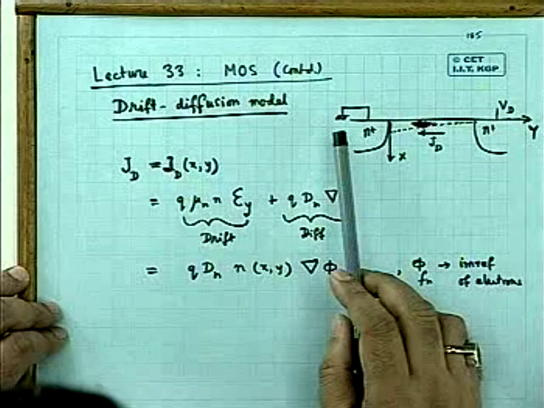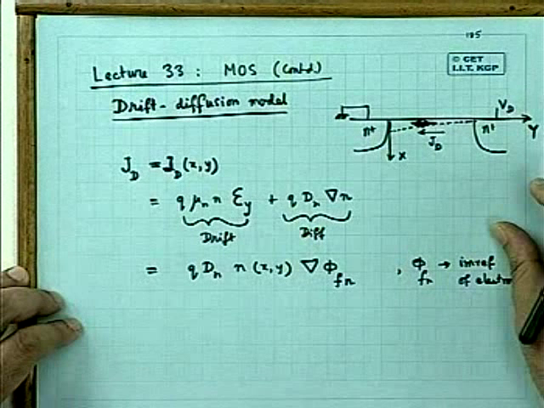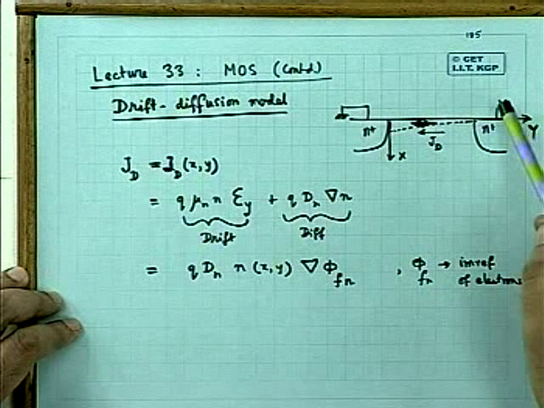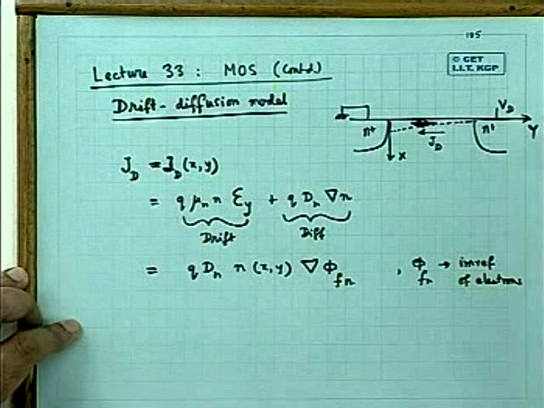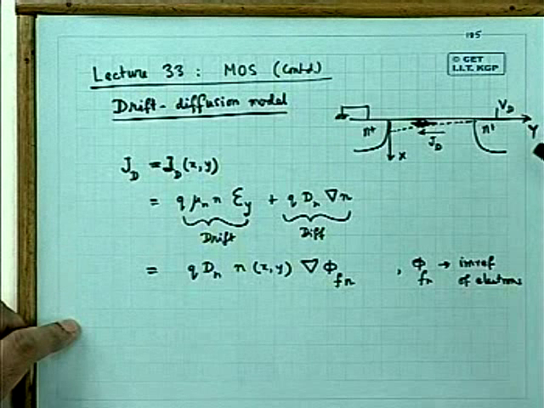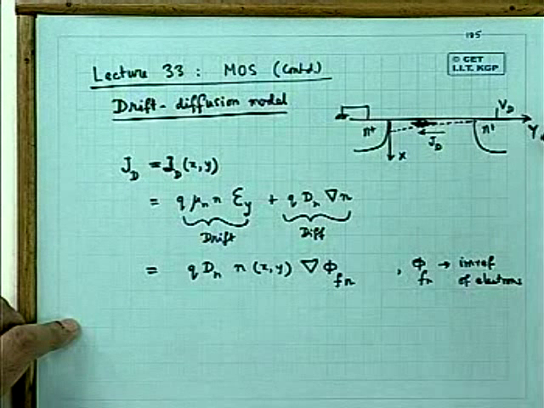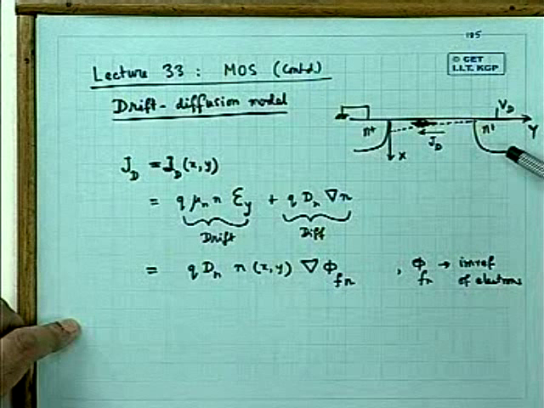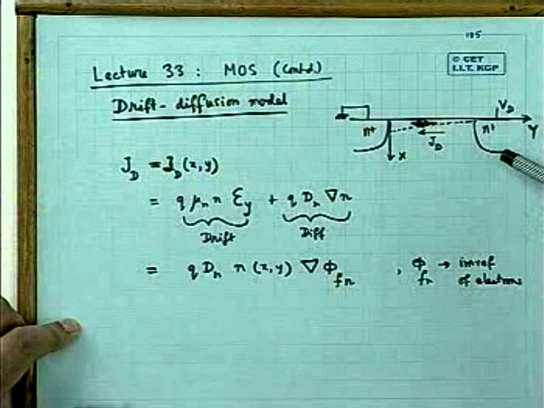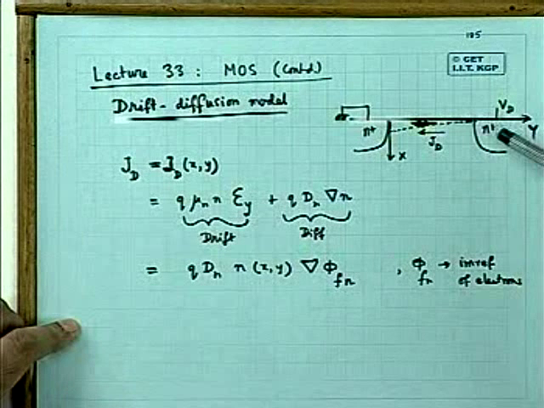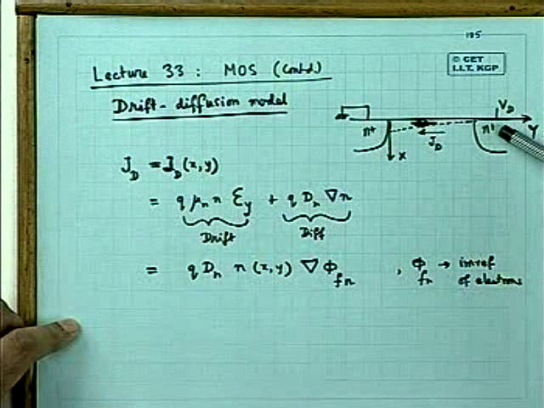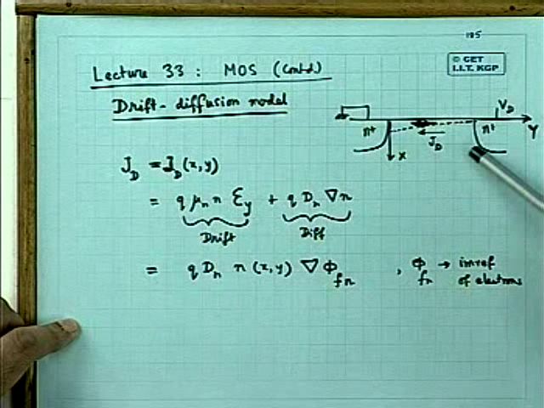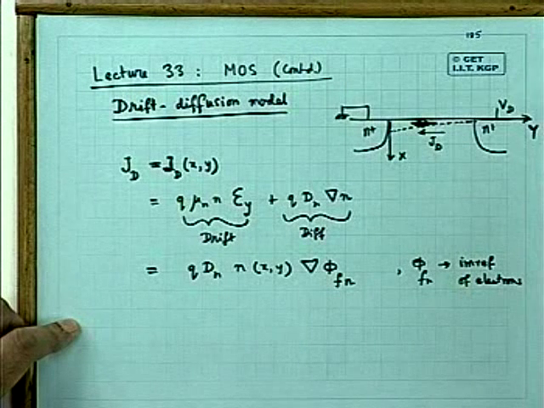In fact, all the derivations of current voltage relationship made prior to lecture number 33 did not consider the diffusion component of carrier flow. Only the drift component of carriers was considered. But actually, the MOSFET is otherwise very similar to a bipolar junction transistor.